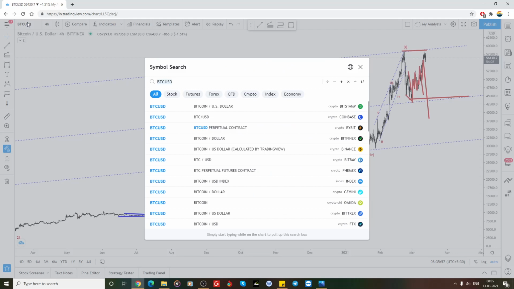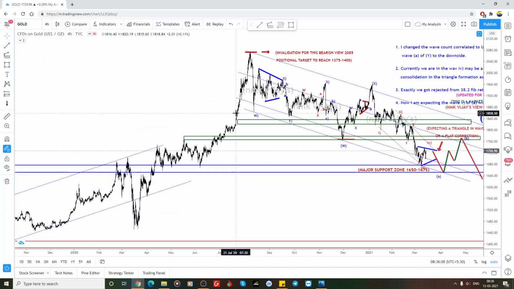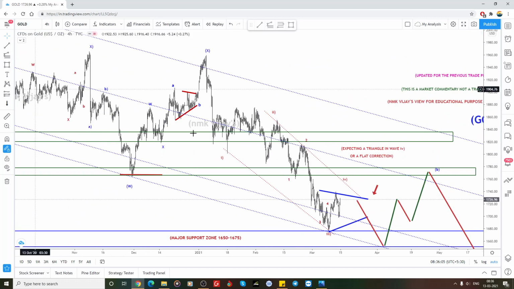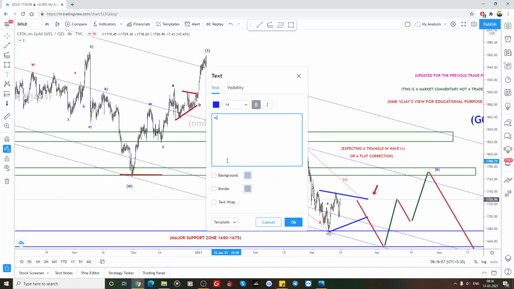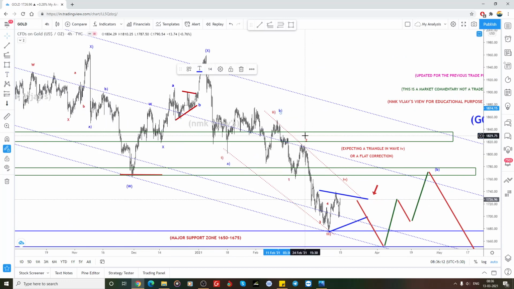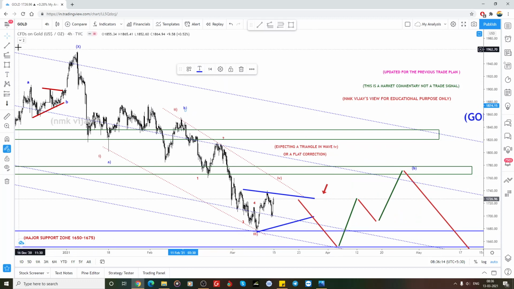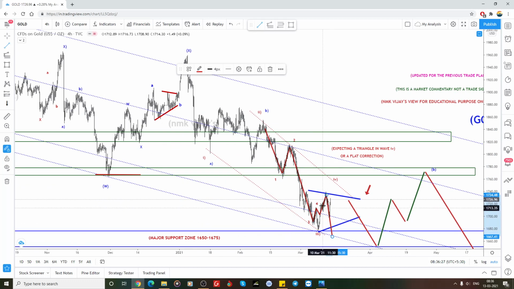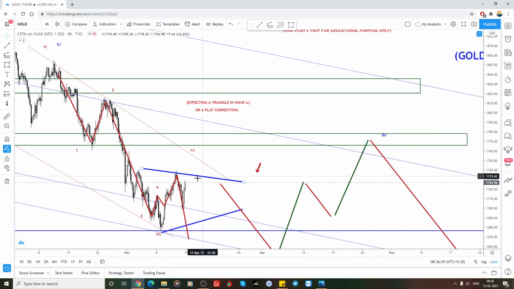And next is gold. I have to explain here. Previously I took this as an A and this as a B, and I'm looking for the C wave, 1 2 3 in this zone. 1 2, so I'm expecting 3 from here, and after that I'm looking for the fifth wave. But what happened here is it has already broken one more low.